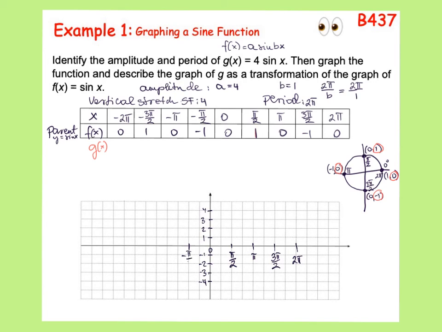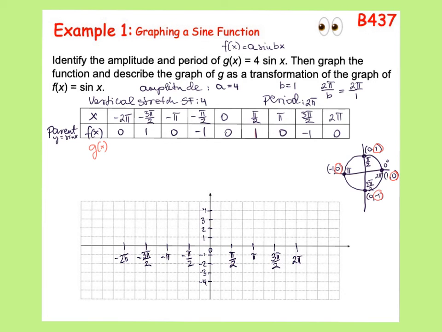Negative pi over 2, negative pi, negative 3 pi over 2, and negative 2 pi. It's up to you how you would like to label your x-axis. I kind of like to go 1 square to be pi over 4. However, oftentimes when the period changes, I will have to change the x-axis. Currently, since we have a period of 2 pi, I don't have to do that.